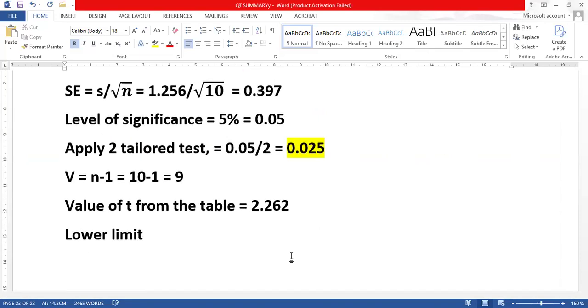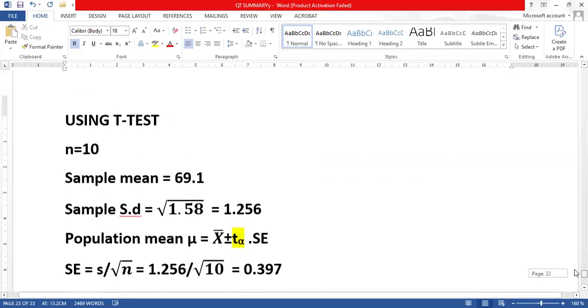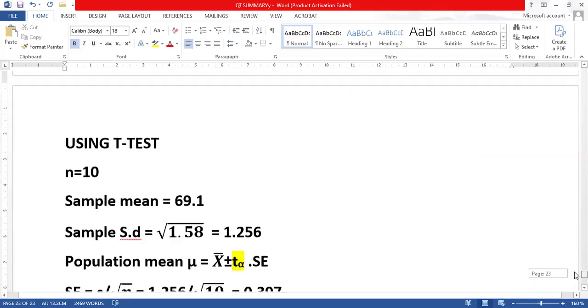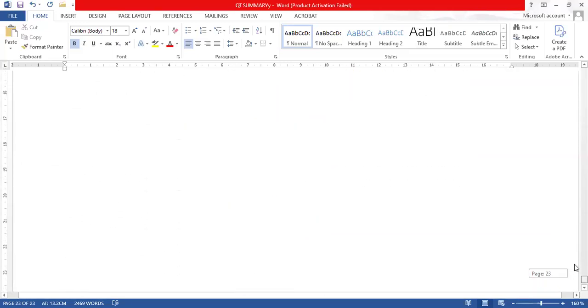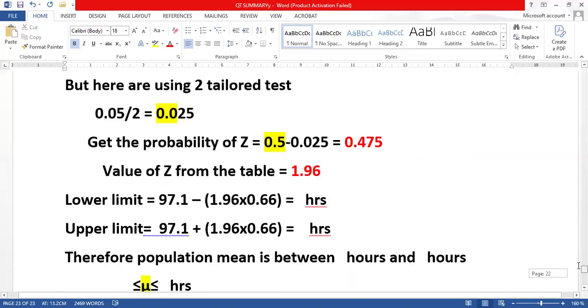and the upper limit. As simple as that. So you're substituting in your formula, like the way we are doing this.